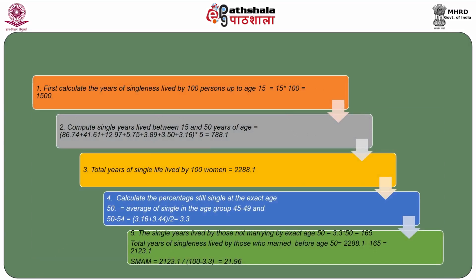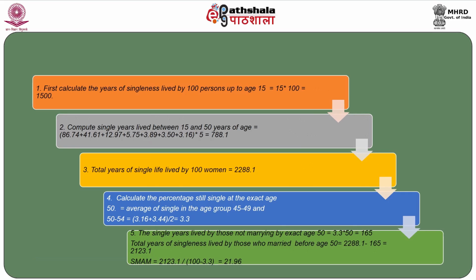Then what are the steps to derive the SMAM? The first step, calculate the years of singleness lived by 100 persons up to age 15. The second step involves computing single years lived between 15 and 50 years of age.